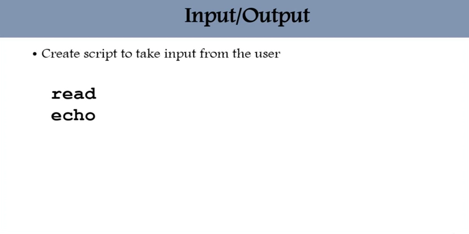Input and output. This lesson is about writing a script where the script will wait for the user input. So when you run it, the script will wait for you to type in something.